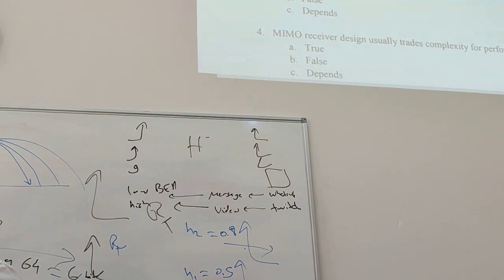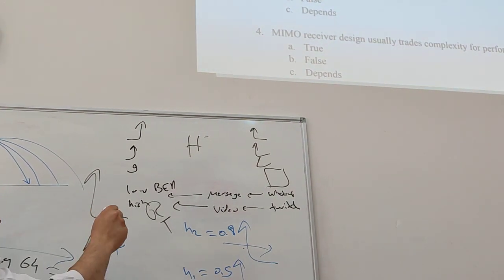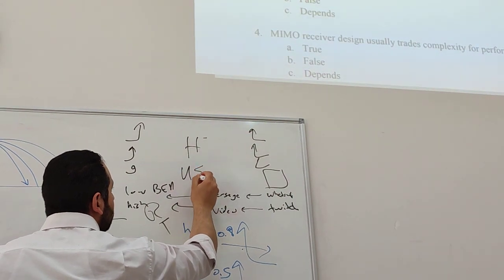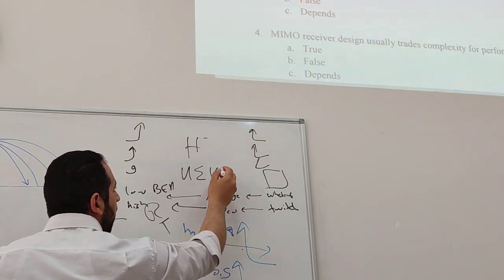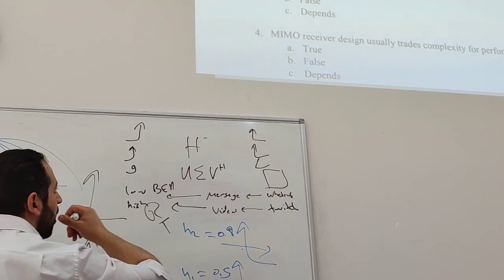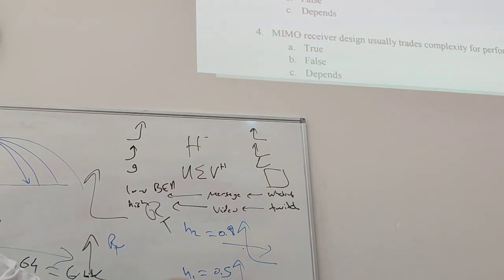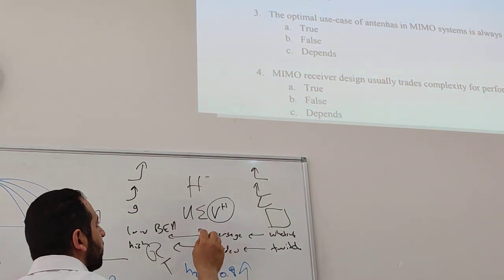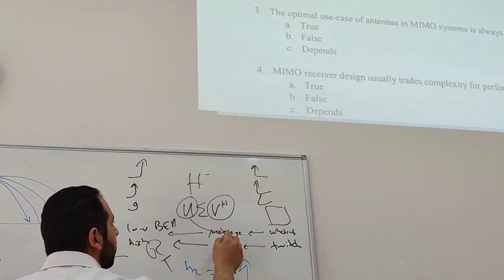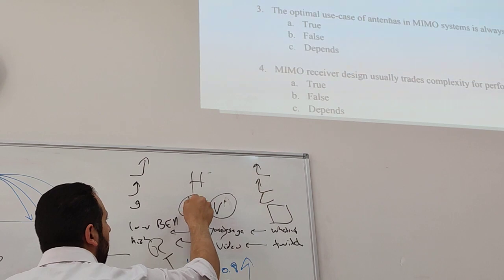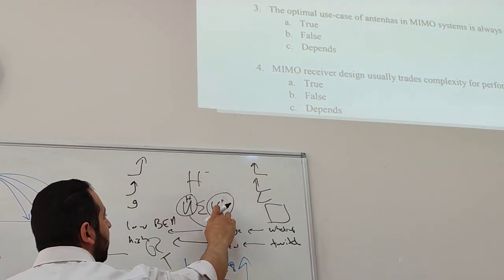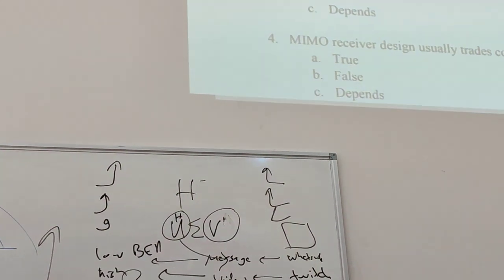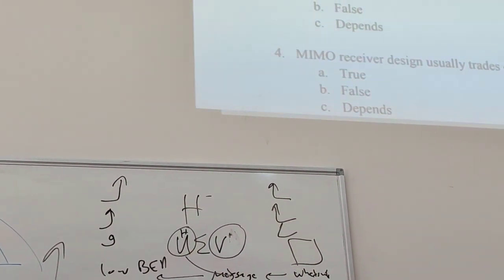And for H, I can apply singular value decomposition so that it becomes U sigma V Hermitian, or V sigma U Hermitian. When you use this at the transmitter and this at the receiver, it acts like beamforming, waveforming. Beamforming and waveforming are interrelated.